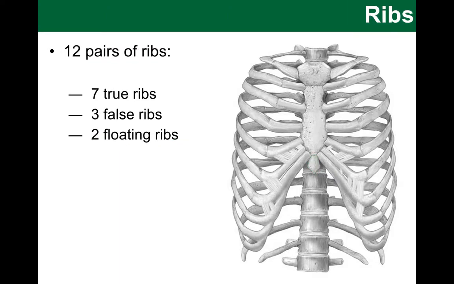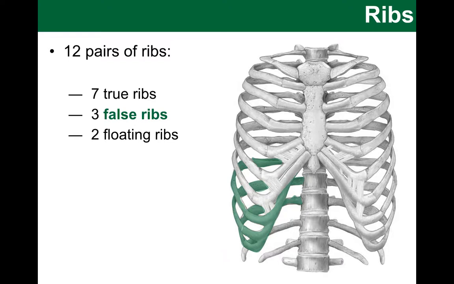Next, I want quickly to talk about ribs. Those ribs that are attached directly to the sternum, although it be through costal cartilage, are known as true ribs. And there are 7 pairs of these. And then we have something that we call false ribs. They are rib pairs 8, 9, and 10.